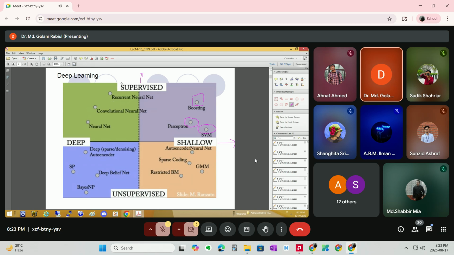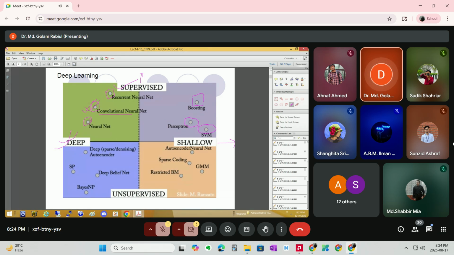And some machine learning algorithms follow the supervised principle, but they have a deep architecture, like the deep neural network, the convolutional neural network, and the recurrent neural network. The convolutional neural network we will discuss today. It follows the supervised principle, but the architecture is deep.